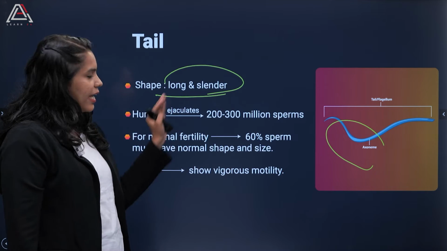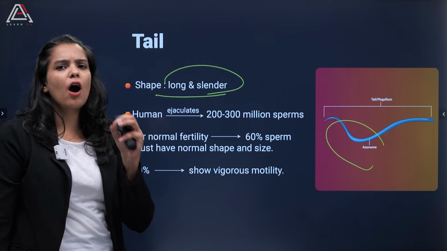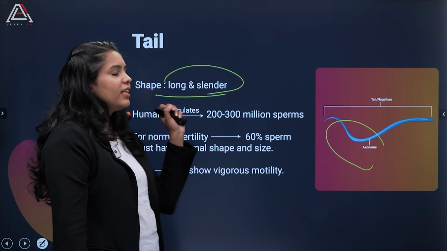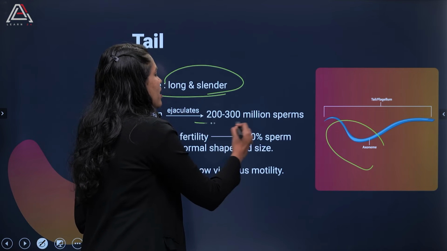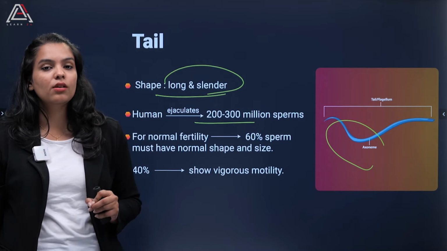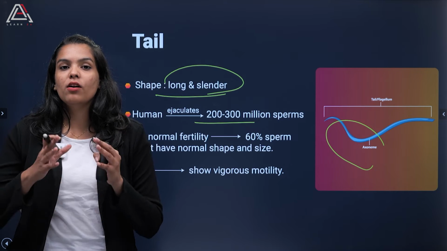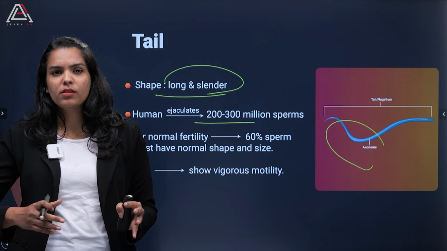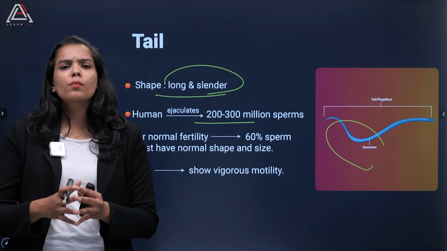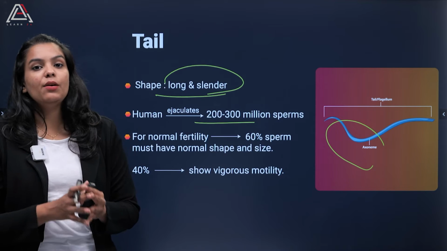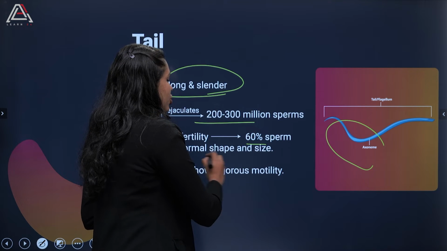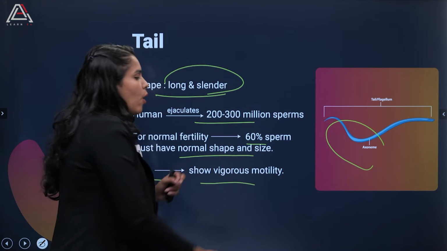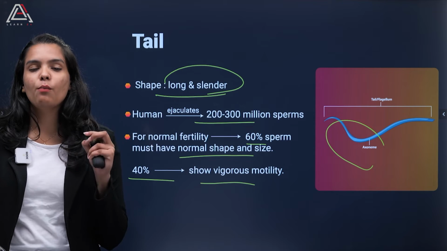Alright. Next, talking about humans, how many sperms is a human capable of ejaculating? A human can ejaculate about 200 to 300 million sperms. Okay, so a normal human can ejaculate 200 to 300 million sperms, and among those sperms, for normal fertility to take place, 60% of them should have normal shape and size, and 40% of them should show vigorous motility or vigorous movement.